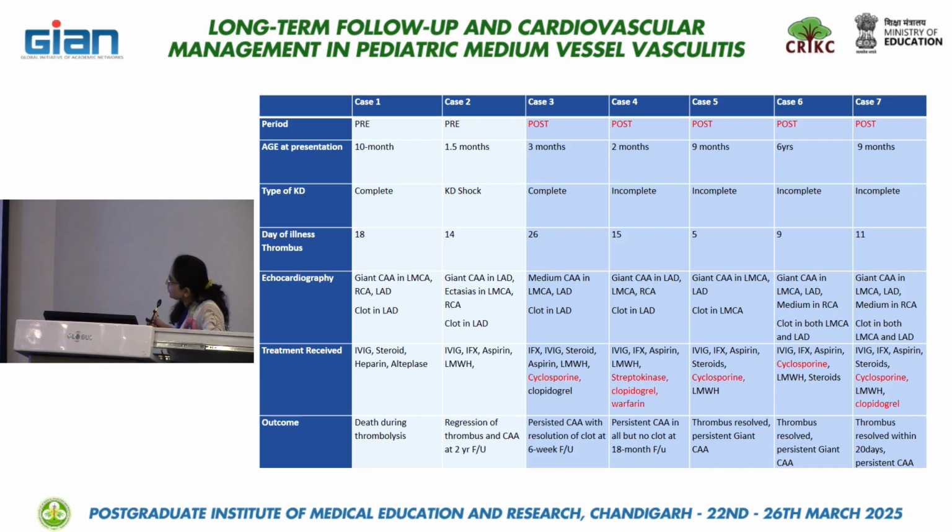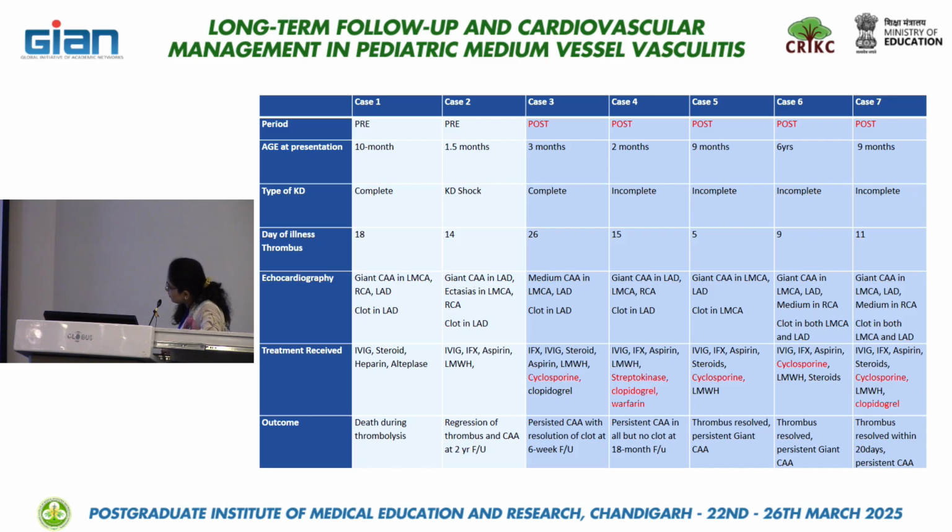The third case post-COVID was a 9-month infant with incomplete Kawasaki disease and the thrombus developed on the 5th day of illness with giant coronary artery aneurysm in LMCA and LAD. Treatment was given and the thrombus resolved but aneurysms persisted. The fourth case after COVID was a 6-year child with incomplete Kawasaki disease developing thrombus on the 9th day of illness with giant coronary artery aneurysm in LMCA and LAD.